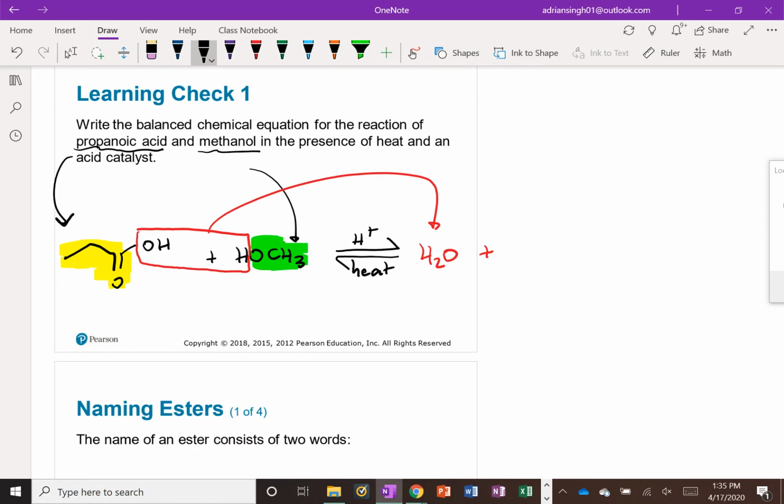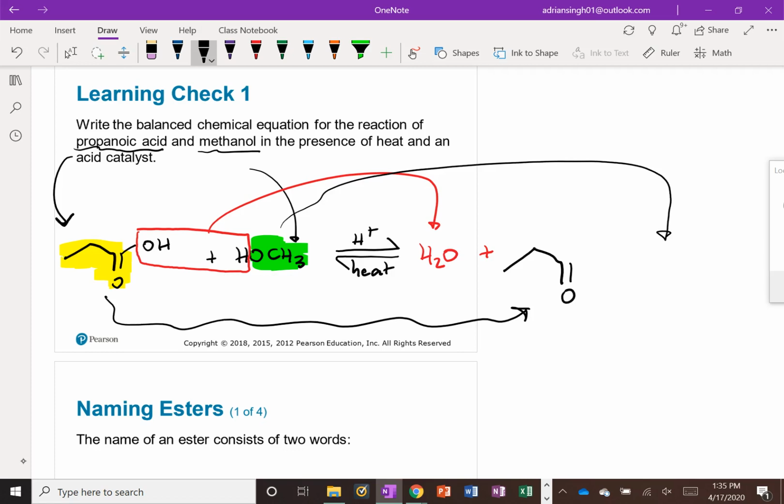I still have my 3 carbons, 1, 2, 3, the C double bond O. That was the part of the acid that didn't change. And then I have this part here that doesn't change from the alcohol.